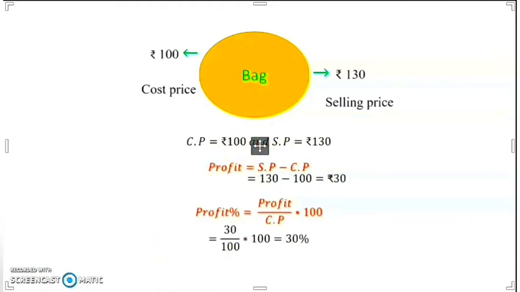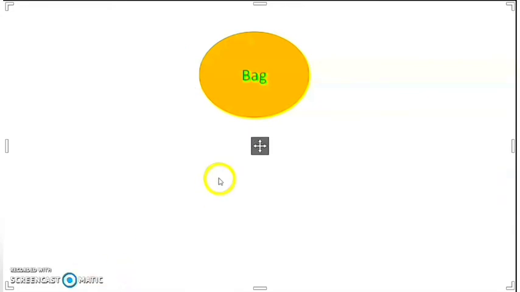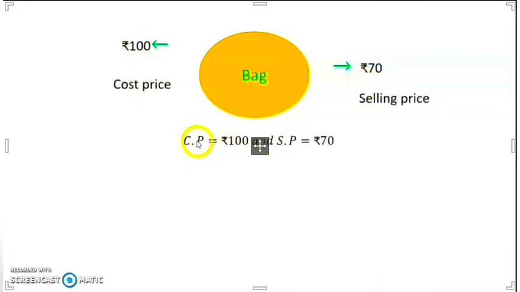Now let us look at a totally different example where you buy the same bag at rupees 100 only, but instead of selling it at rupees 130, you decided to sell to a friend at rupees 70. In this case, the cost price will still remain the same, that is, CP will be equal to 100, and the selling price will be rupees 70, that is, CP will be equal to 100 and SP will be equal to 70.